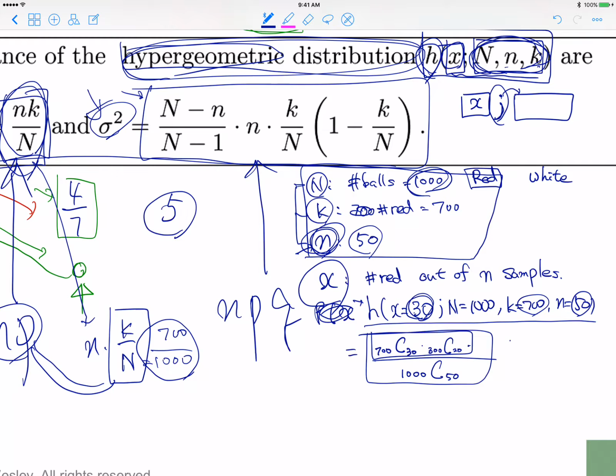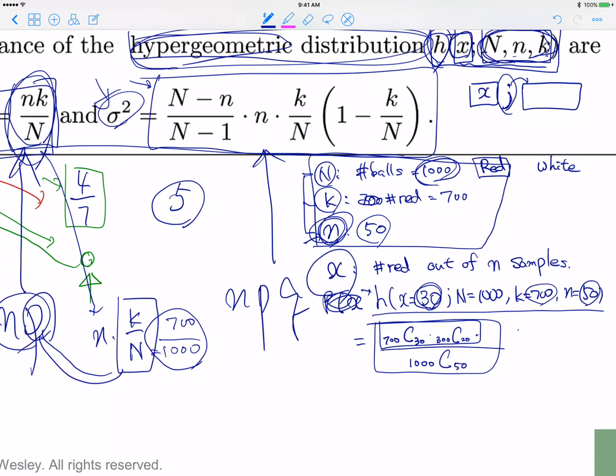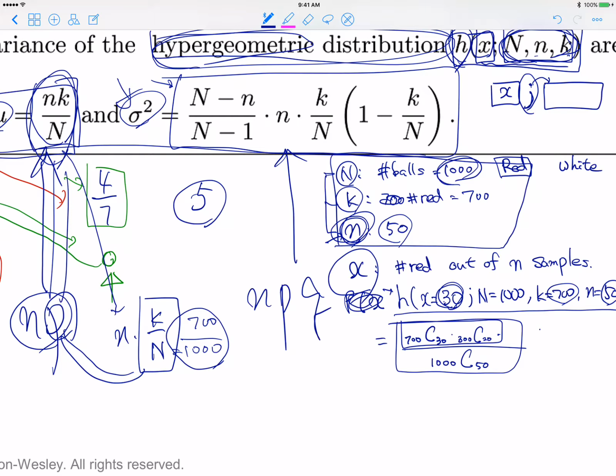This probability value was used as p in the binomial case, right? In the case of binomial, what is the probability of sampling a red ball at each trial? That was the meaning of the probability p in the Bernoulli distribution. So these are approximately the same.